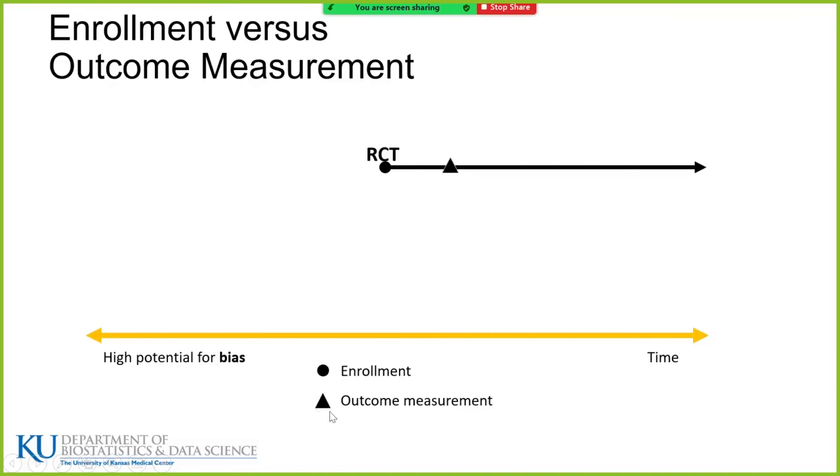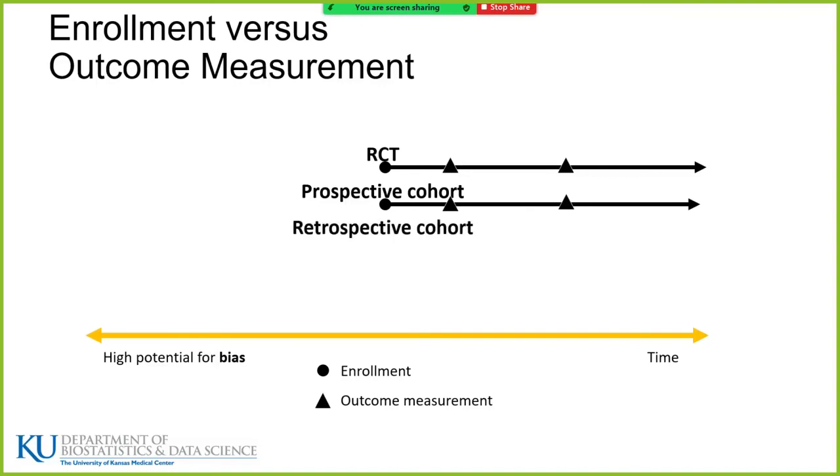So in a randomized controlled trial, sometime after a participant is enrolled, you measure their outcome. So that's prospective. A prospective cohort study we'll see later is just like a randomized controlled trial. It is prospective. We enroll participants. We measure their outcome at some point after that point in time.